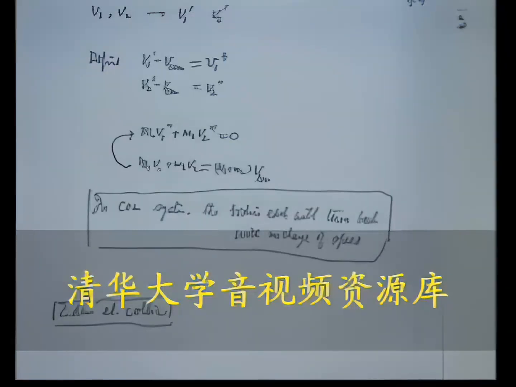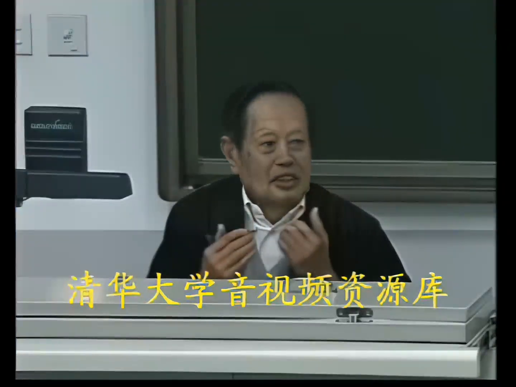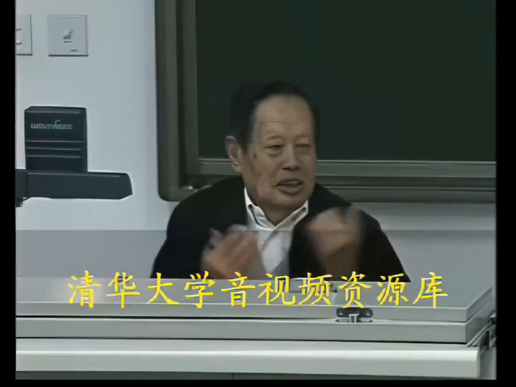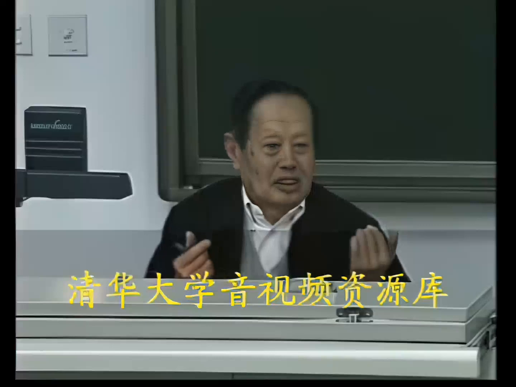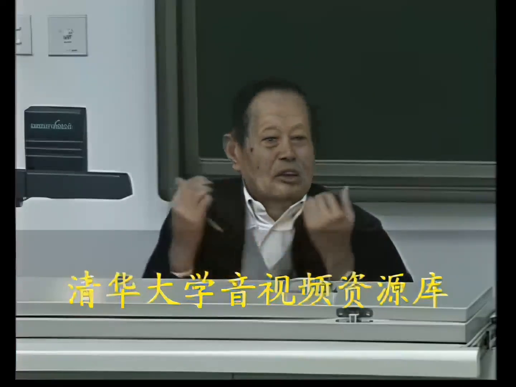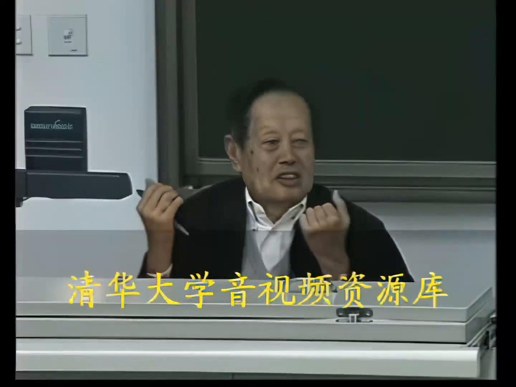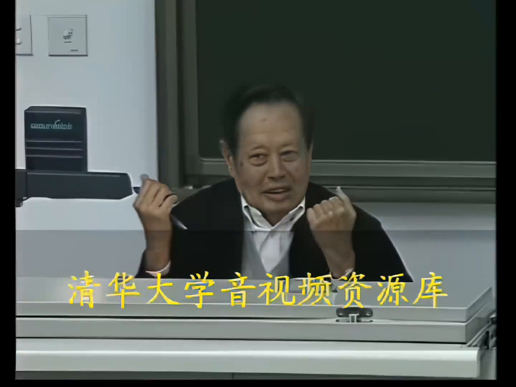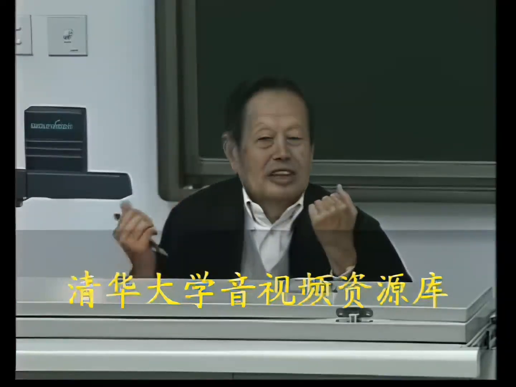The kinetic energy is equal to the energy of the center of mass system plus the energy in the center of mass system. The energy of the center of mass system is not changed, whether elastic or inelastic. So the only possible change is in the energy in the center of mass system.